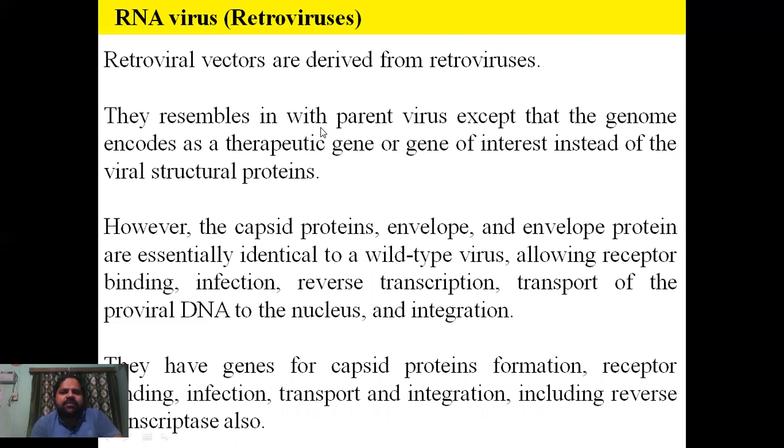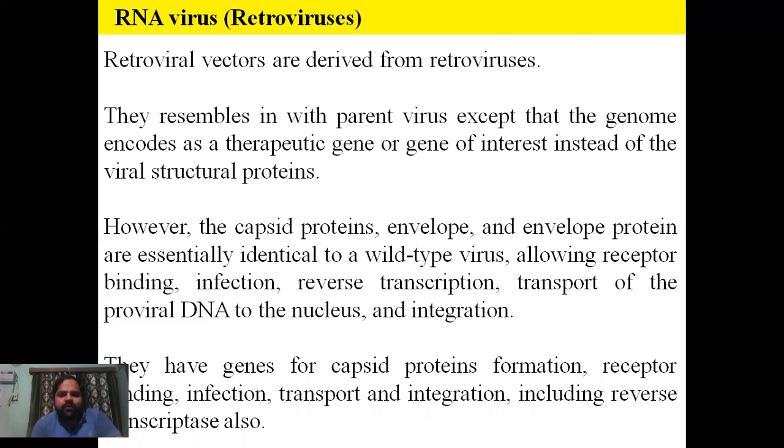In the case of retroviral vectors, these vectors resemble the parent virus, except the genome encodes the therapeutic gene or gene of interest instead of viral structural proteins. It means the virulent gene will be replaced by our gene of interest.